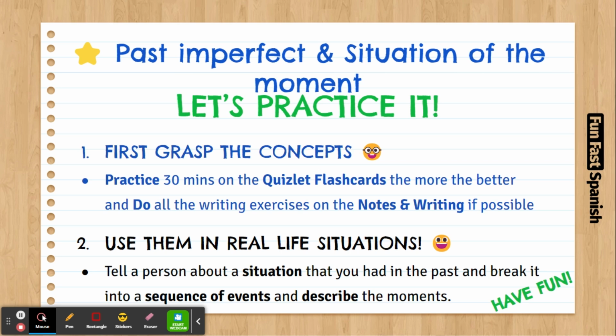It's good, it's great. But then little by little, you're gonna start adding certain little things, tiny descriptions, so you can talk about how you felt, the weather, if you had money or not. You're gonna start adding these little details about how the situation was in that moment.